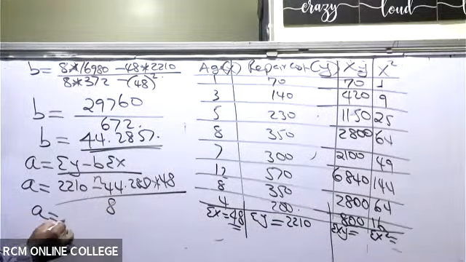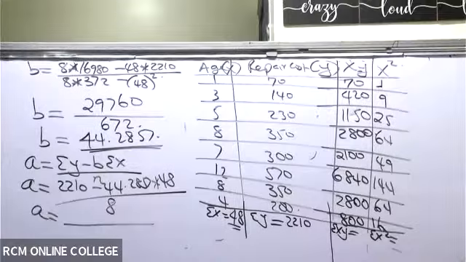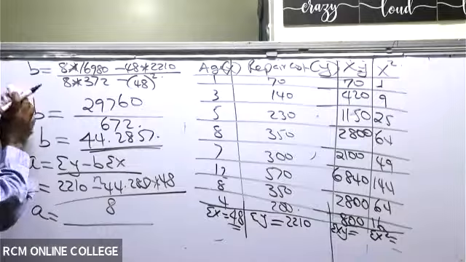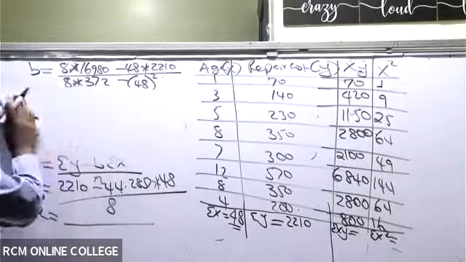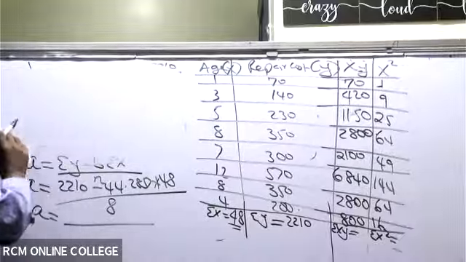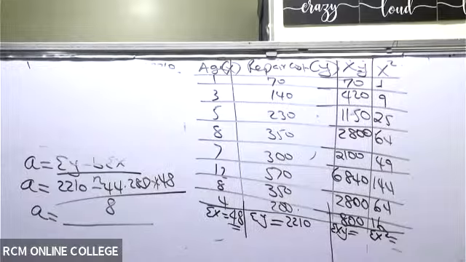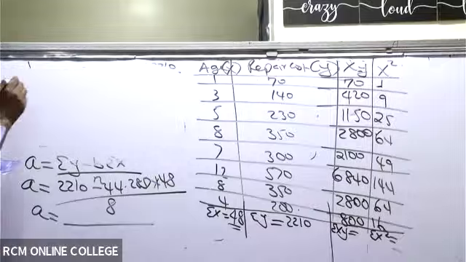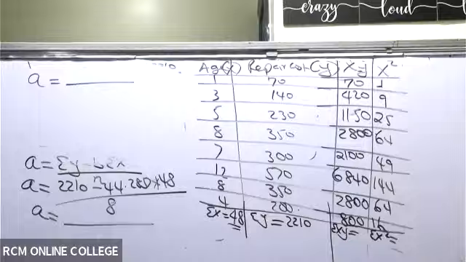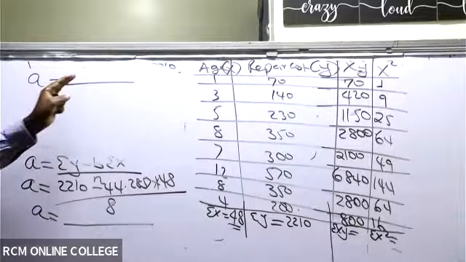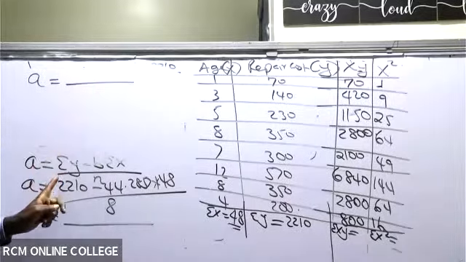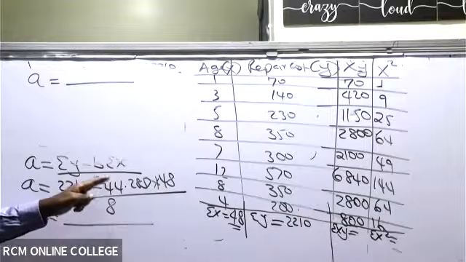So again, go slowly and give me the numerator. Is there somebody who is able to give me the numerator for getting the value of A? To get the numerator, we are taking 2210 minus 44.2857 times 48.